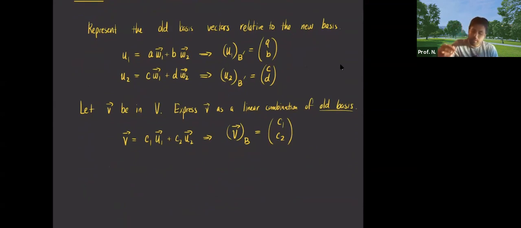Well, the reason why is because now, what was U1 and what was U2? So this arbitrary vector V is expressed in terms of the old basis.